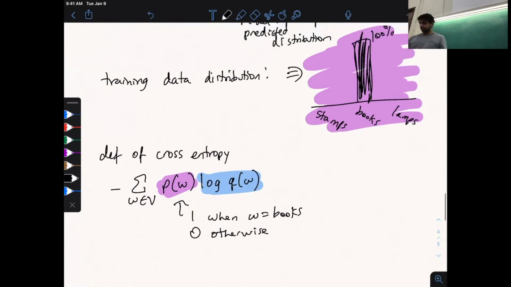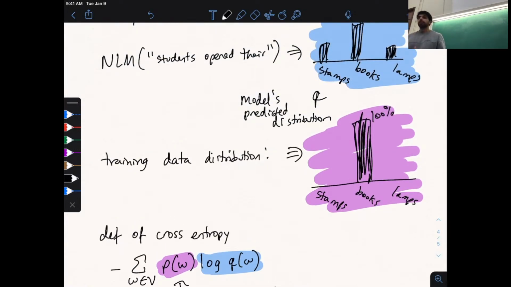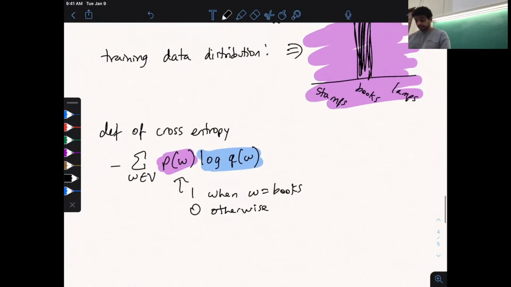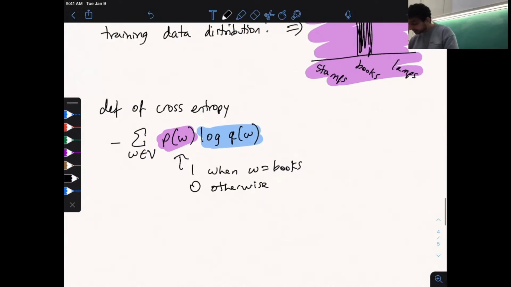Based on the training data distribution putting 100% of the probability mass on the word that is observed in that training data. So you can see that this equation then just simplifies, right? We don't need any of this summation anymore. It simplifies to negative log Q of books given students opened there.